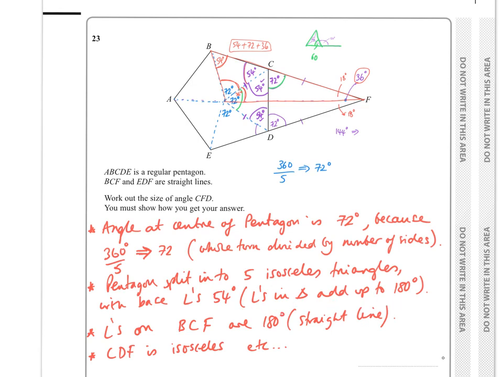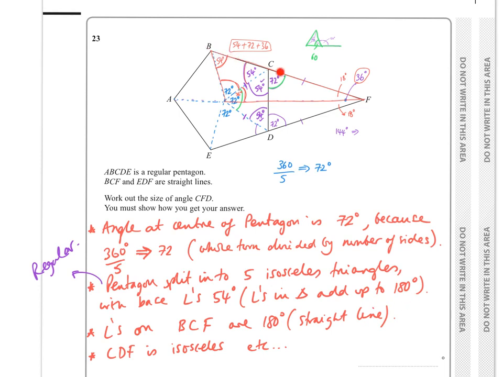You might want to add in the word regular, which means all those isosceles triangles are congruent, exactly the same. And you can say that the base angles in those isosceles triangles are 54, and that the angles were found because angles in a triangle add up to 180.